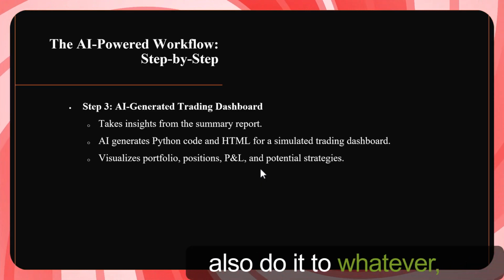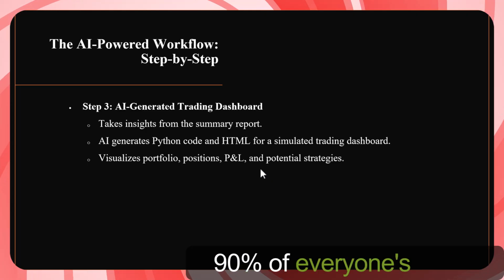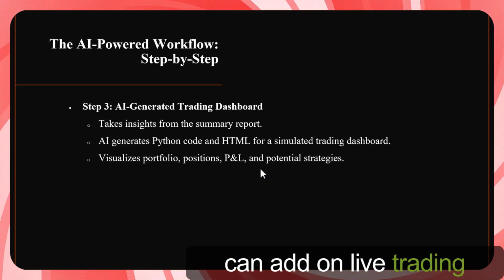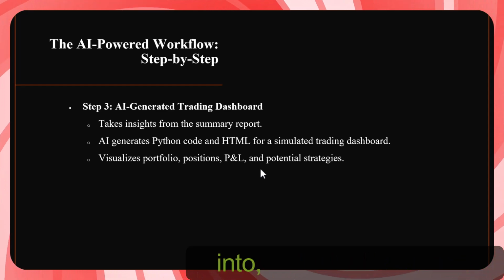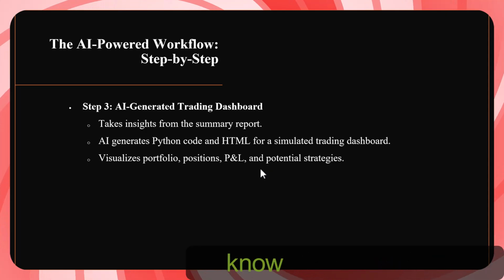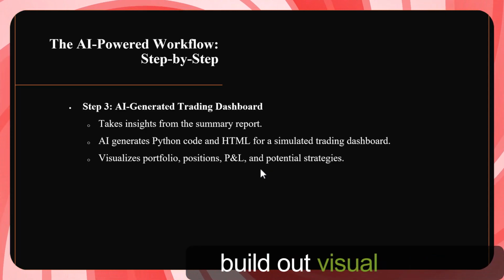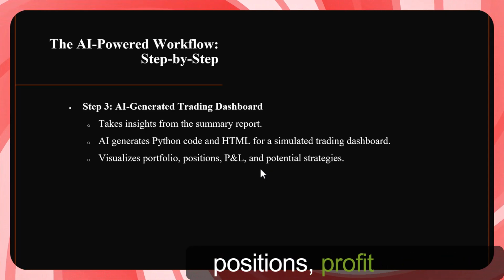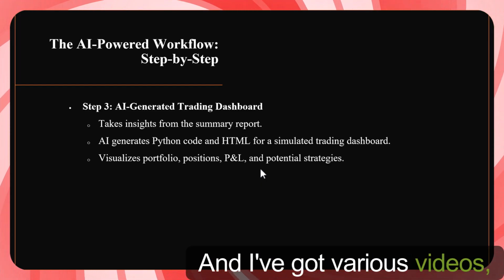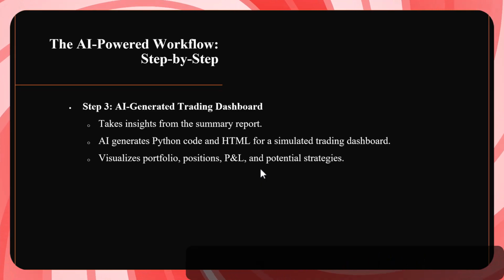We can do it with others, but 90% of everyone's doing Interactive Brokers. So we can add on live trading pieces that will connect into, let's say, the Trader Workstation as well. Out of that, we can also build out visual portfolio positions, profit and loss, and even potential strategies. And I've got various videos and demos of that.